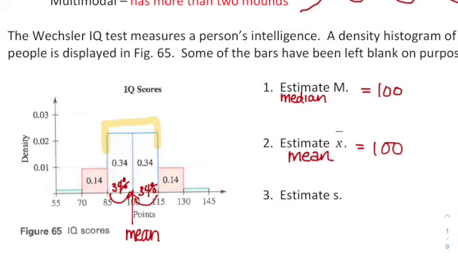When you take the mean 100 plus what gives you 115? Well, 115 minus 100 is 15. So therefore, your standard deviation is going to be 15. Okay, now you double check: 100 plus 15 is 115, plus another 15 is going to be 130.